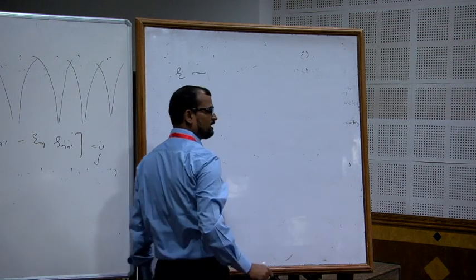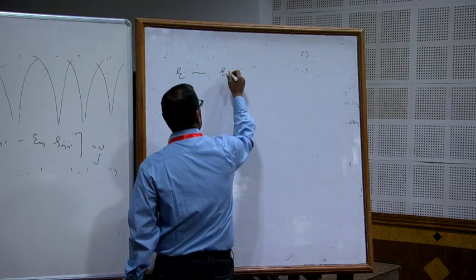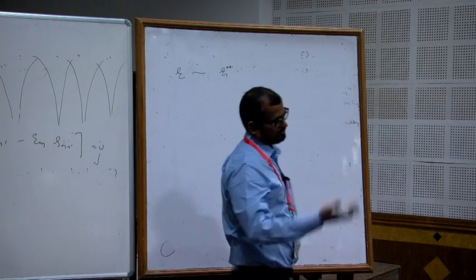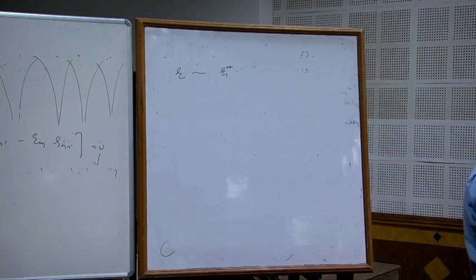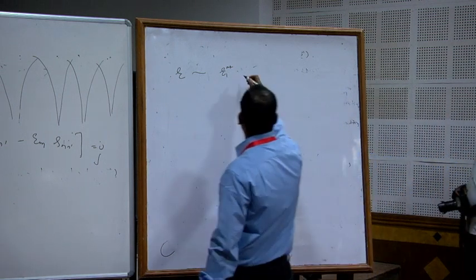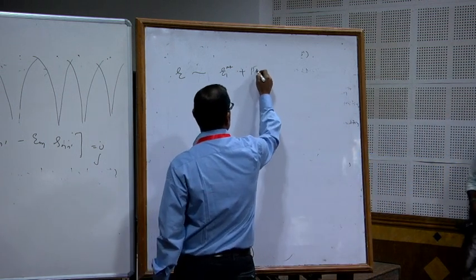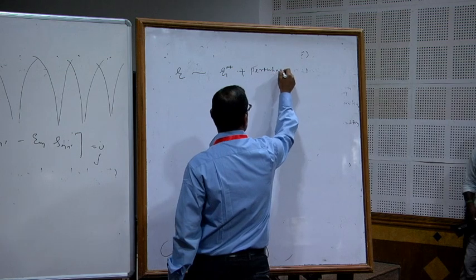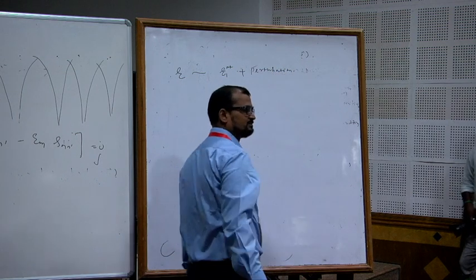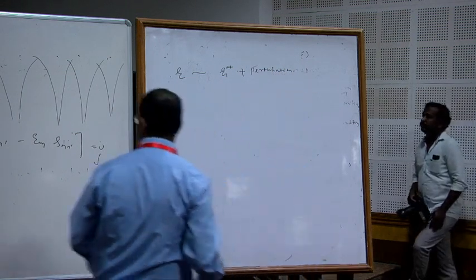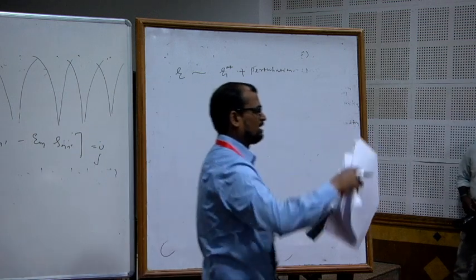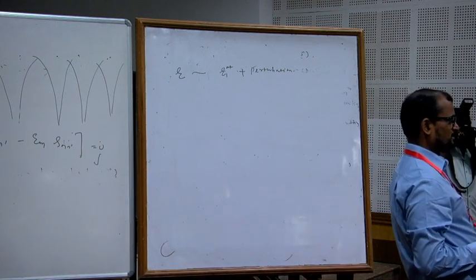Your E will have some atomic component, I mean this eigenvalue is there, plus it will have some perturbation. This perturbation is due to the chemical bonding and overlap of the states.